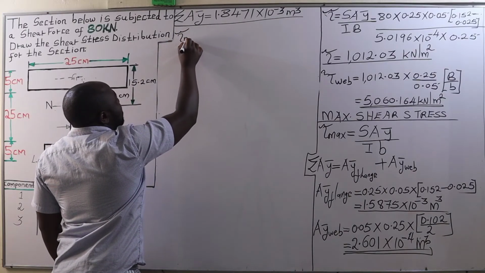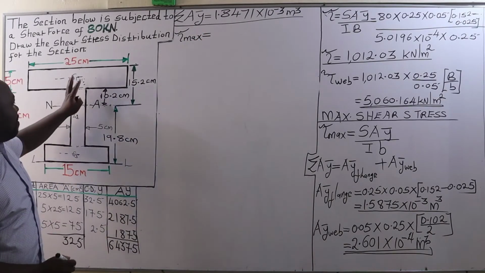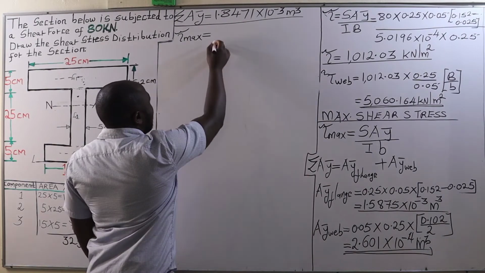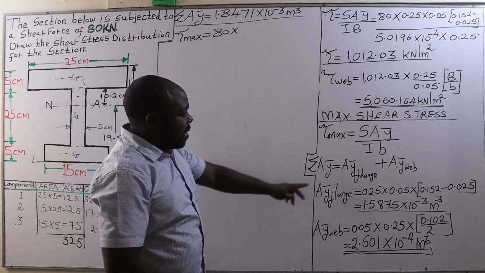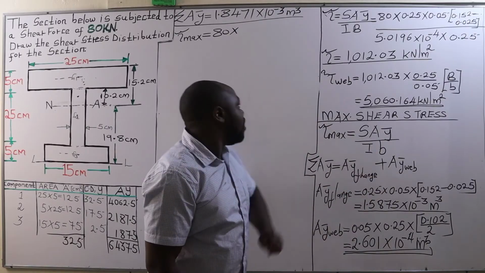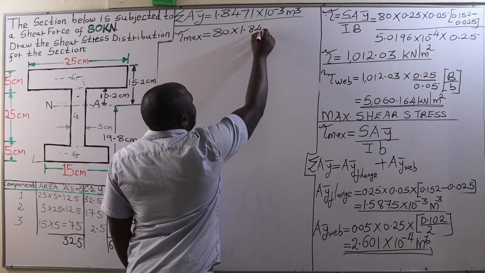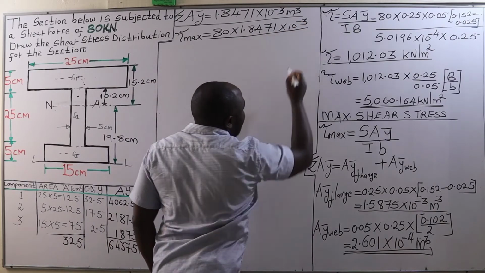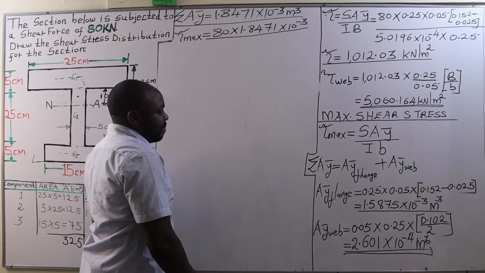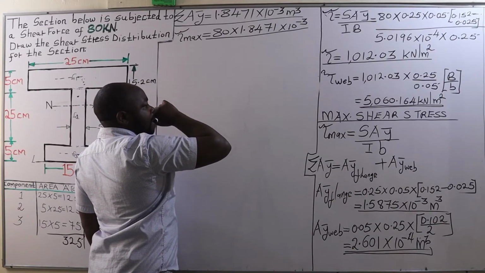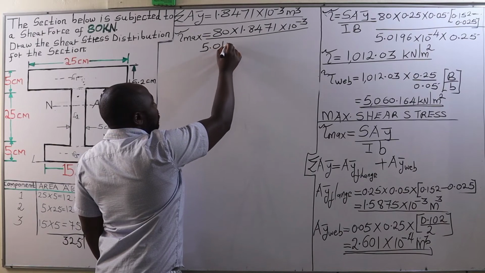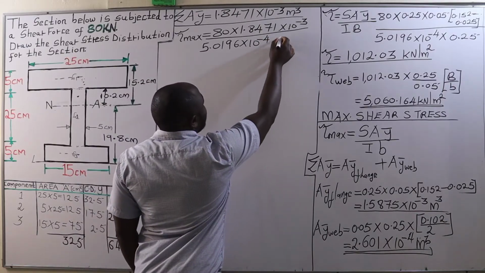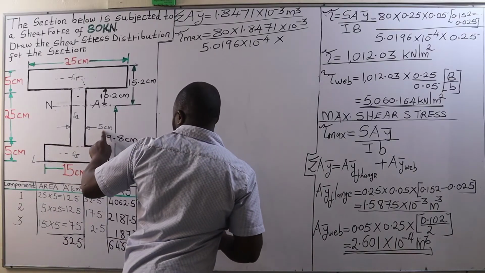Therefore, the maximum shear stress for the entire I-beam section above the neutral axis will be given by S, that is the shear force of 80 kilonewtons, times summation of A bar Y, which is 1.8471 times 10 raised to the power of negative 3, divided by the moment of inertia about the XX axis, which in this case is 5.0196 times 10 raised to the power of negative 4, times the breadth of the web, which is 5 centimeters.